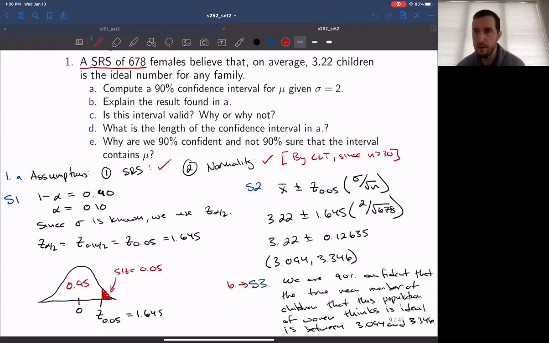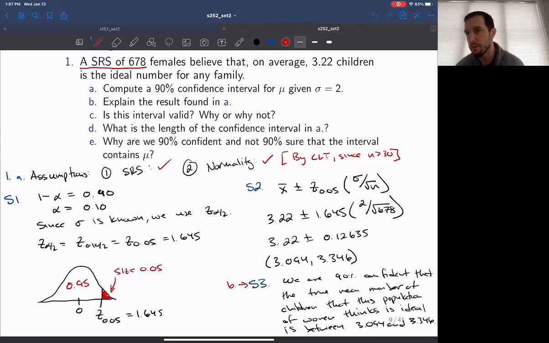Now, clearly, this is a suspicious conclusion because our interval only ranges from 3.09 to 3.346. And really, most of us would probably think that what this is telling us is that around 3 children is the ideal number on average, because obviously you have to have a whole number: 1, 2, 3, 4, 5, this kind of idea.